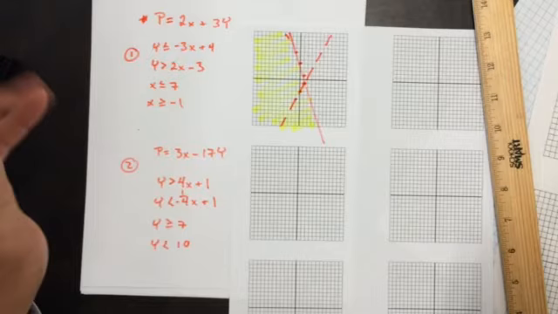This one's going to be -1, 5. This one's going to be -1, -5. And this one's going to be 3, -1. So my 3 vertices are -1, 5; 3, -1; and -1, -5.